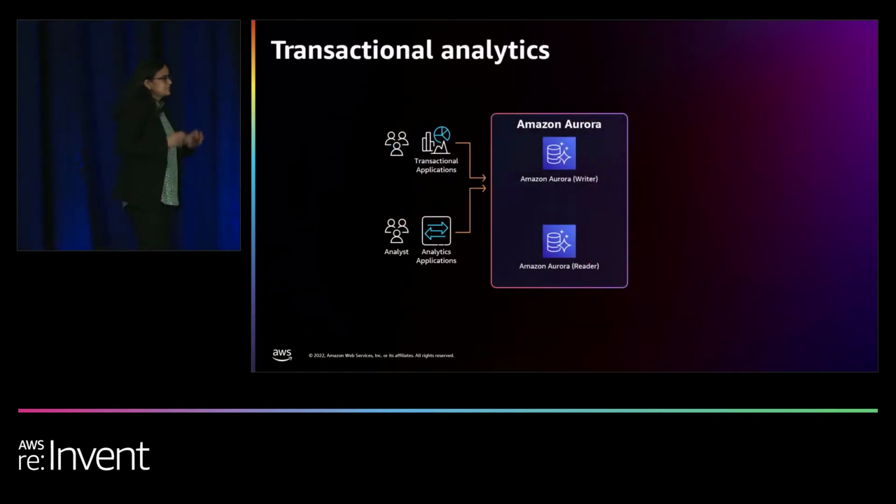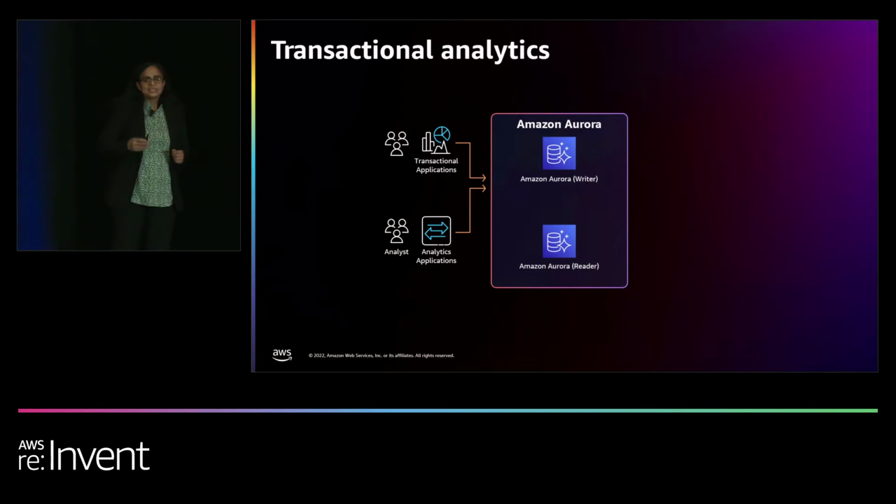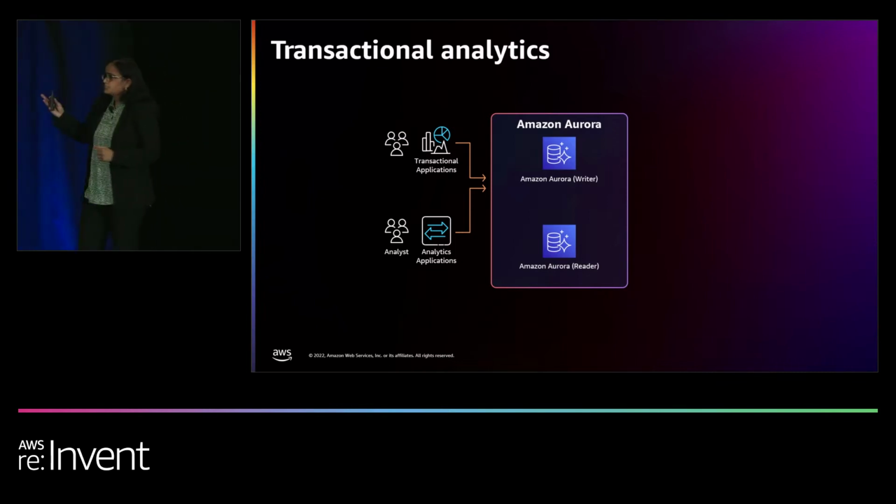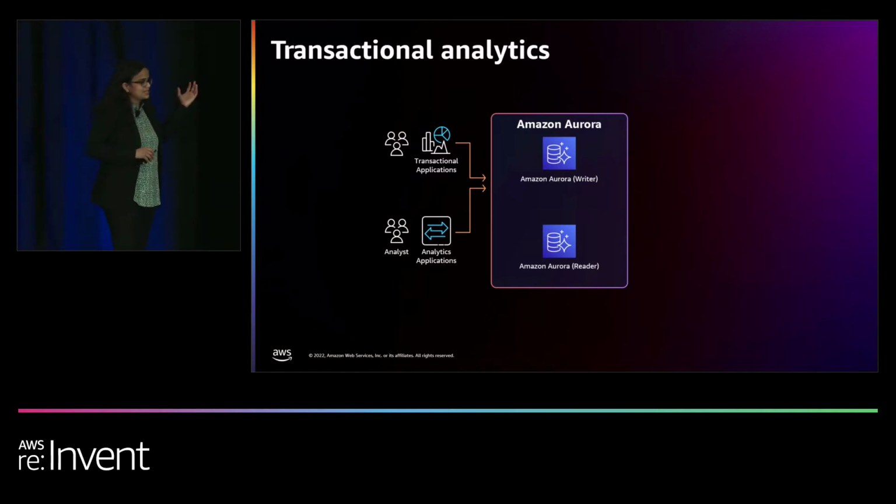So with these systems, Aurora and Redshift widely being used by many, many customers, what is the typical transaction analytics architecture? This is the most common pattern we see, which is they have transactional applications running on Aurora, writing data to Aurora, and they have one or more Aurora readers that are powering specific applications.